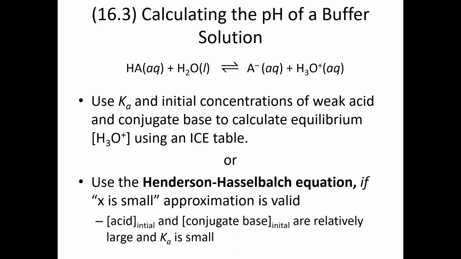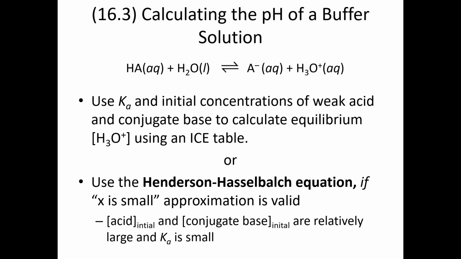It really comes down to the concentration of your weak acid and the concentration of your conjugate base, those initial concentrations. We don't need to get to equilibrium concentrations because we're saying the x's small approximation is valid and their concentrations are not going to change very much when they get to equilibrium. Makes sense again, right?